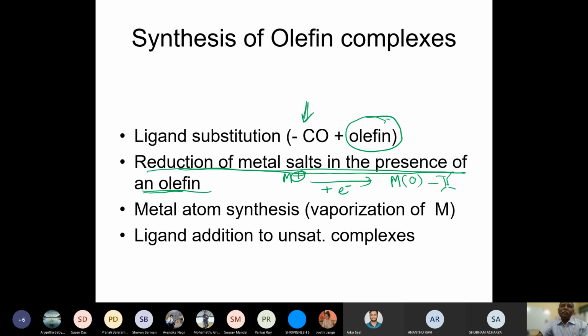So this brings us to this previous debate about how much electron density is going to be accepted, how good a pi acceptor the olefin is.